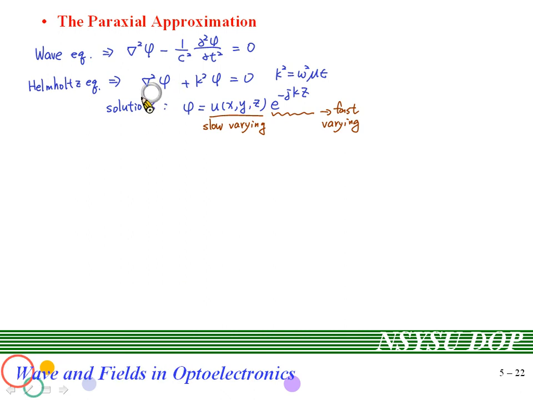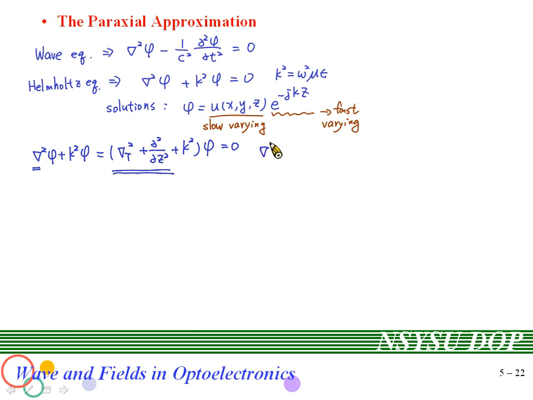And then, let's go back to the Helmholtz equation. The Helmholtz equation gives us Laplacian phi plus k squared phi, and for the left hand side here, we can rewrite it as the transverse Laplacian plus partial square over partial z square plus k square, acting on phi, equals 0. Comparing these two sides, you can clearly see that the Laplacian here is replaced by the transverse Laplacian and partial square over partial z square.